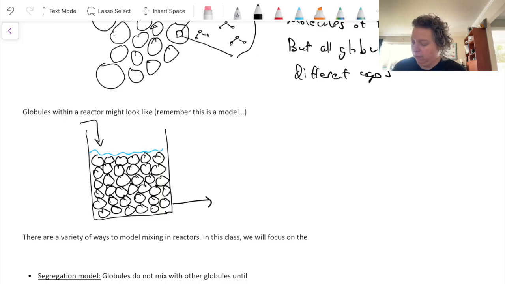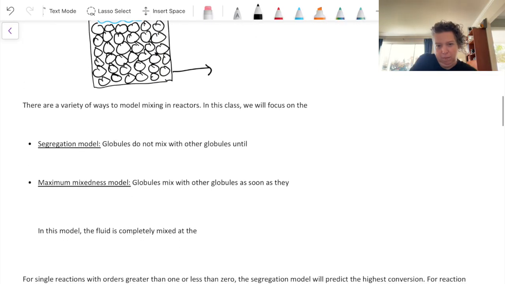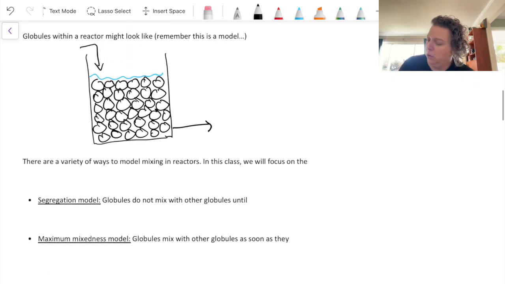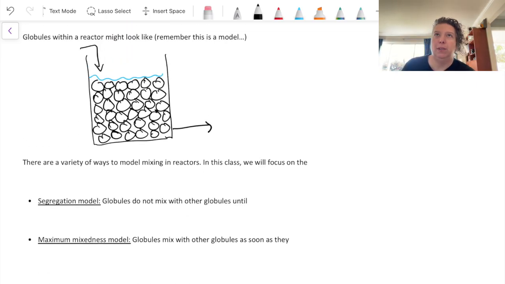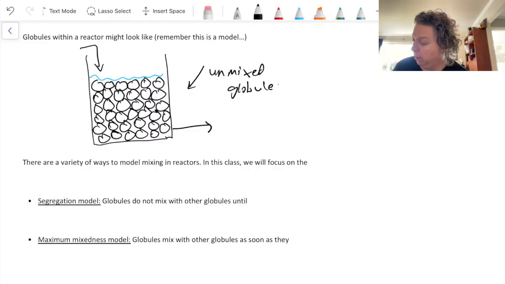There's a variety of ways that we can model the way that all of these globules mix together. So here we have unmixed globules. At some point, these globules are going to mix.